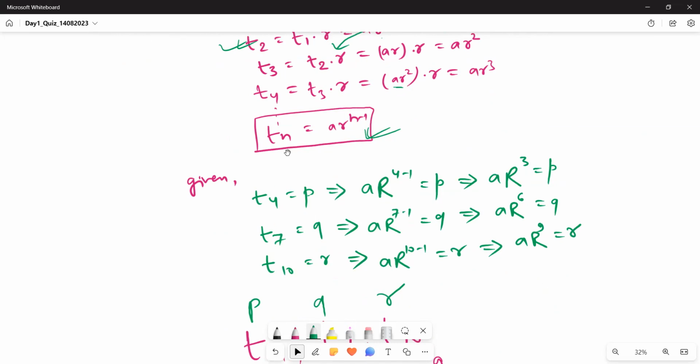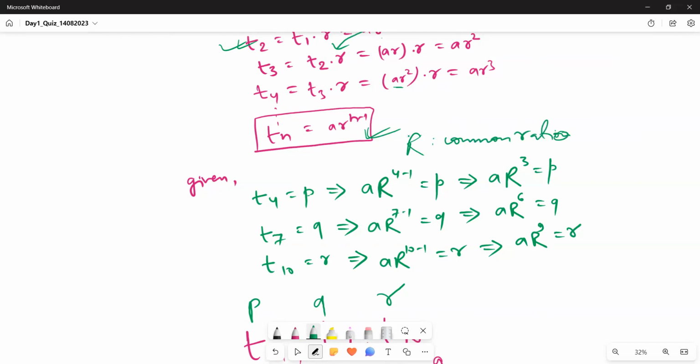Now we are given that the 4th term is P, the 7th term is Q, and the 10th term is R. Since R is already used in the question, denoting the common ratio with a lowercase r could cause a conflict. So to resolve this conflict, I am using capital R for the common ratio.